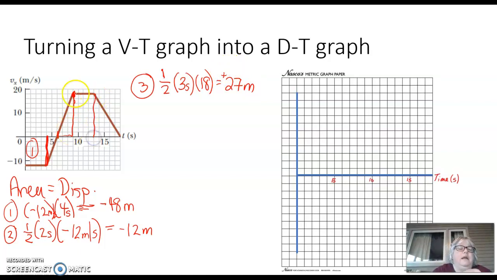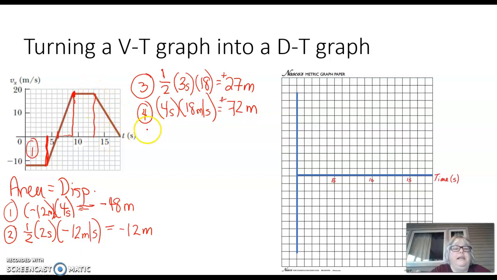I'm going to repeat now for this rectangle. That's from 9 to 13 seconds, so that's 4 seconds. Again, it's a rectangle. So 4 seconds times 18 meters per second. That's, again, positive. And I do put this in my calculator just to double check. 4 times 18, 72.